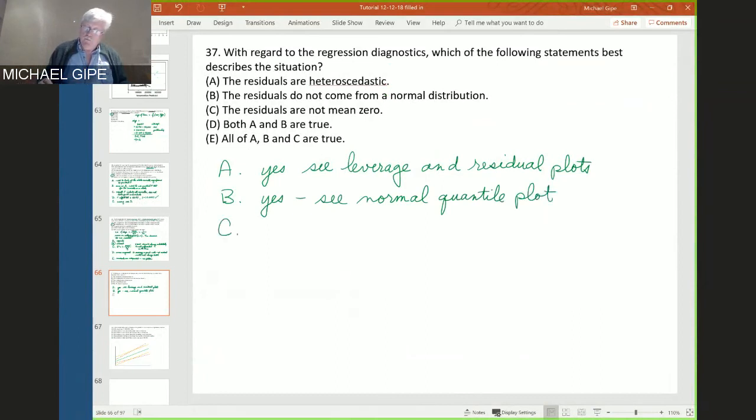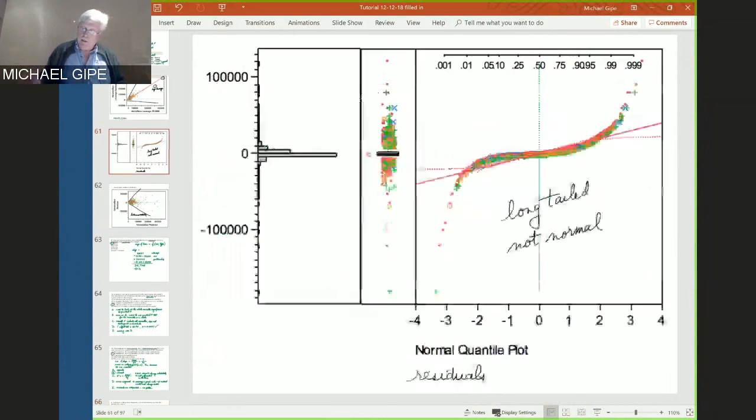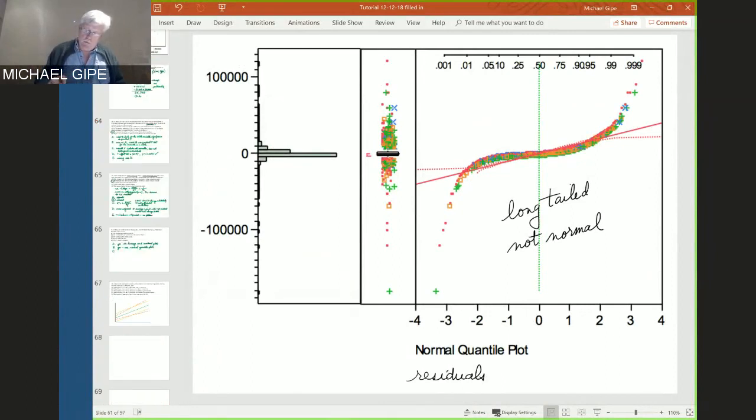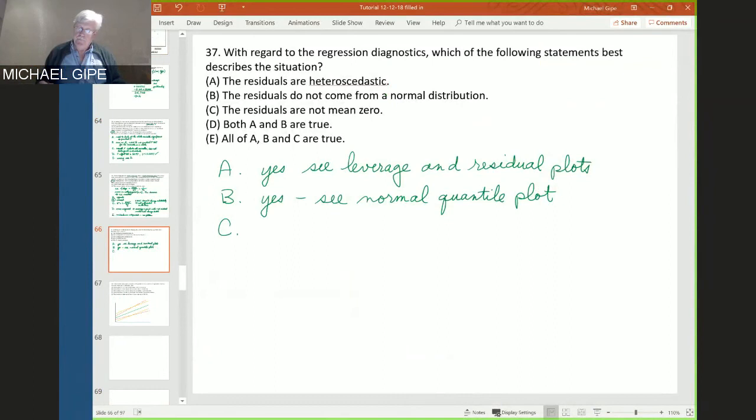How about C? The residuals are not mean zero. Let's take a look at that quantile plot again. And yes, perfect. The residual mean right in the middle is exactly on the zero line. The quantile plot shows the center at zero.